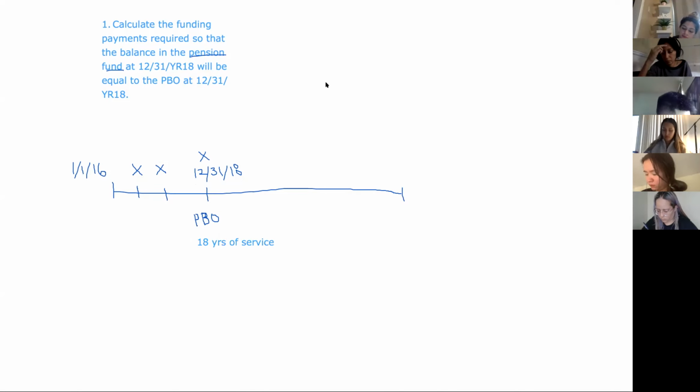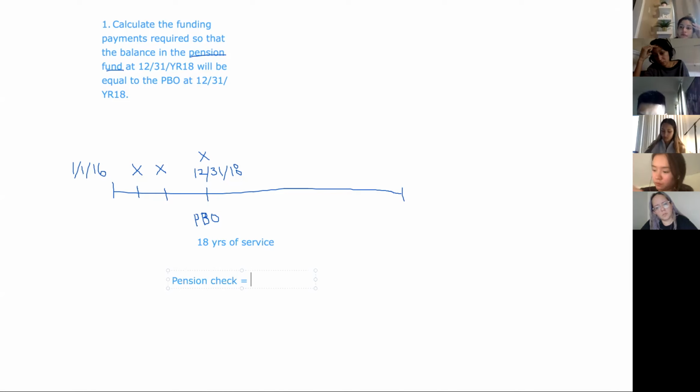Then, let me see. Based on his 18 years of service, can we calculate his pension check? 2%, 18 years. His final salary, right now his salary is 30,000.